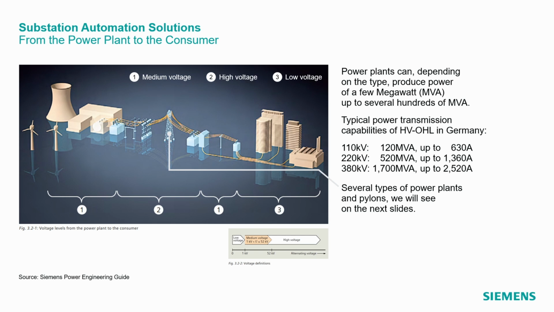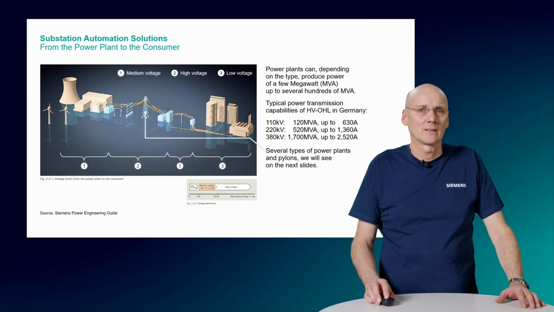After being produced in the power plant, the energy needs to be transported. Transmission is a technical term for that, to the consumers on the right-hand side. To avoid loss of energy by having high current and resulting heat and thermal loss, the energy is transformed into higher voltage levels.